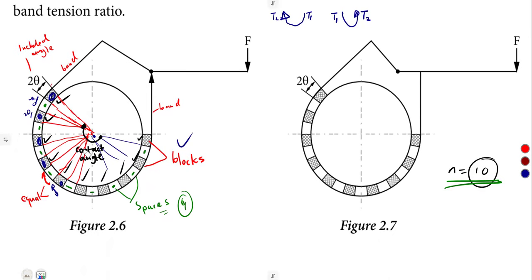So if you are to calculate the included angle now, it means it is going to be the contact angle, because it is these angles that we have that are being taken from the contact angle. They are parts of what? Of the contact angle. So we must have that contact angle, the whole of it. Contact angle over what?